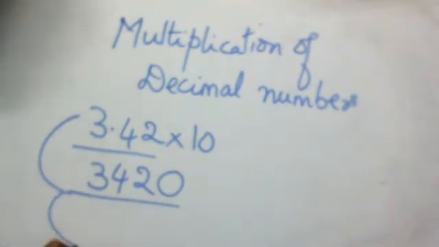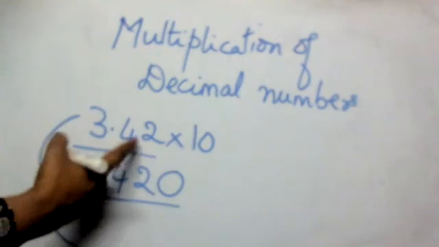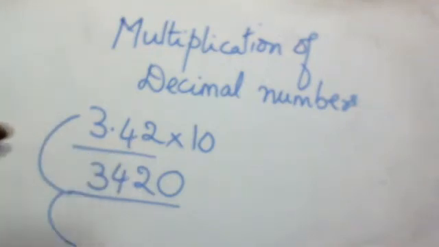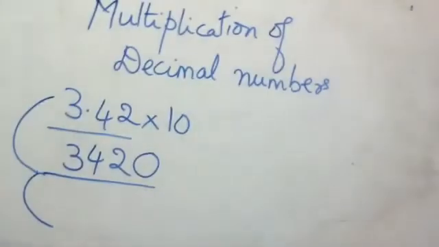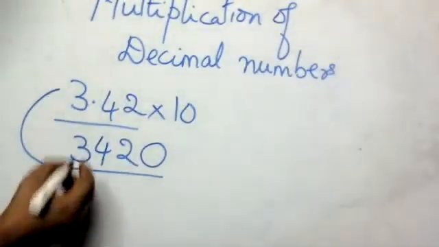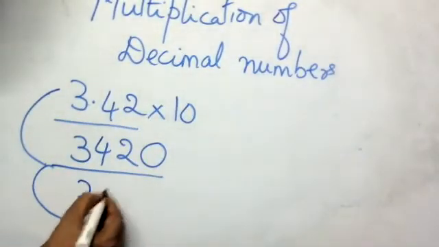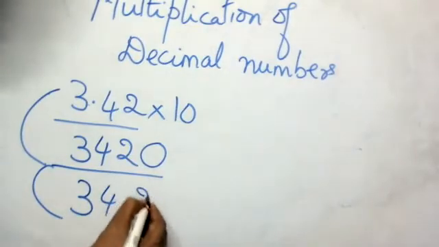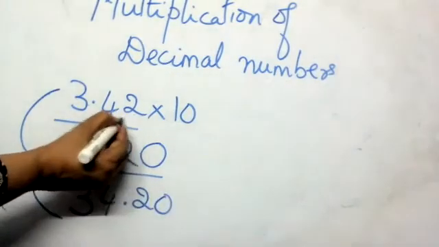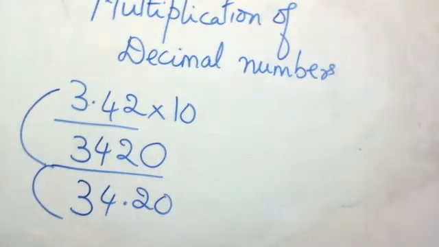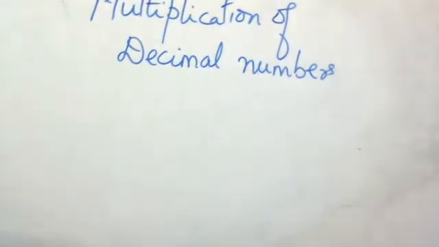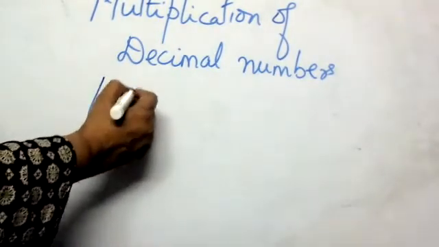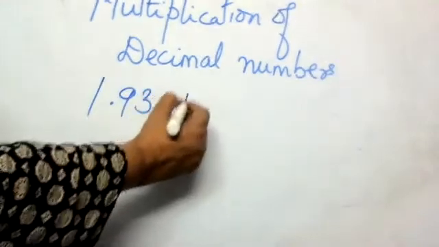The last step is to check where the decimal place is. We have to put the decimal place because it is a decimal multiplication. Because there is a decimal number, the multiplication is a decimal multiplication. So after two places, the answer is 34.20 because the decimal place is after two digits. Okay, one more number. 1.93 into 10.